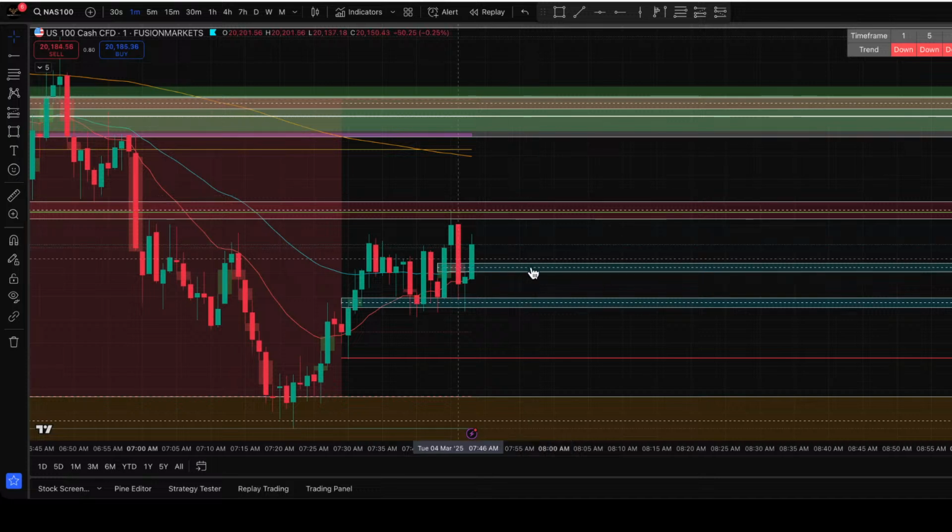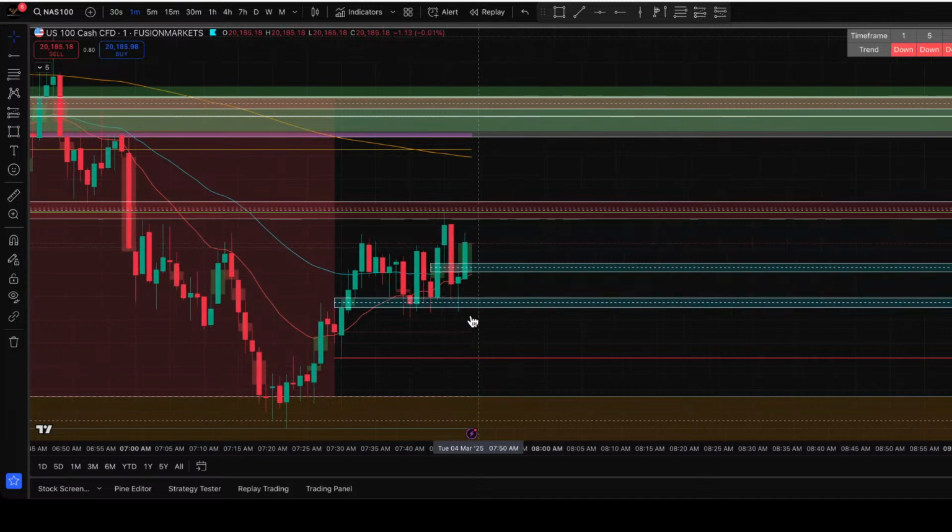7 seconds left. Let's see if this continues pushing up or if we push back down immediately. So if this candle closes up here, that means this 1M has been violated.